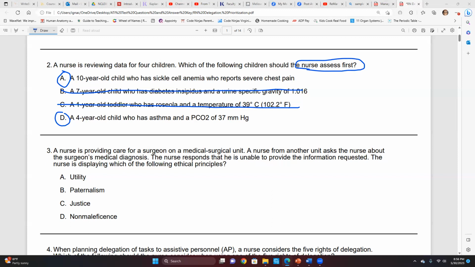Okay, so it's not necessarily that one, and I think this one is tricky because of the lab value. So let me just get the right lab value for you because I think 15 to 70 is the range for children for PCO2. And so remember, CO2 is going to be the partial pressure of carbon dioxide.